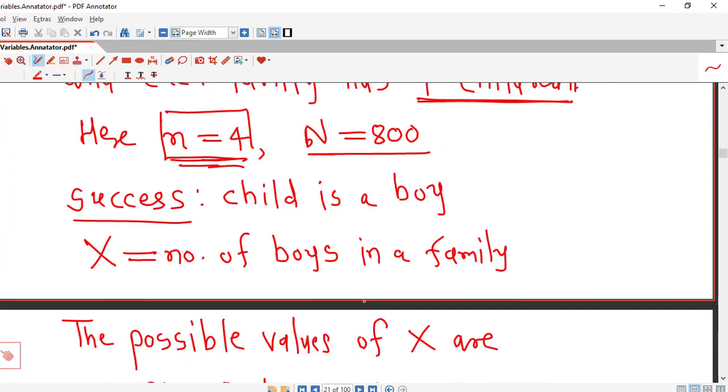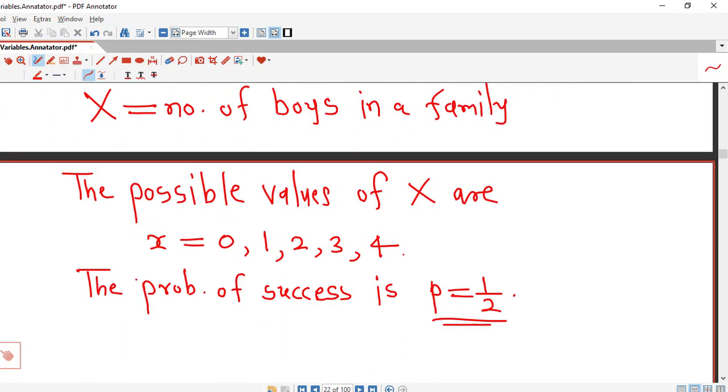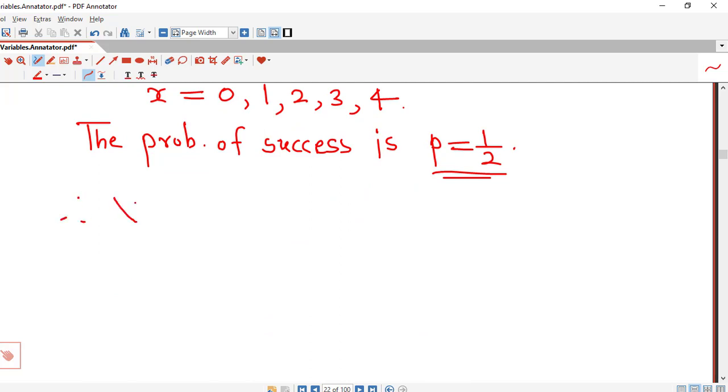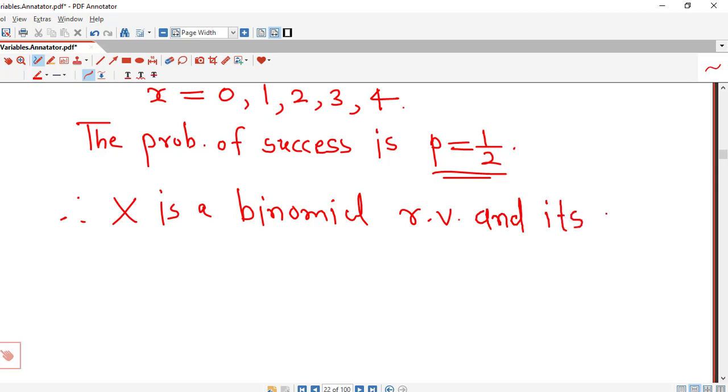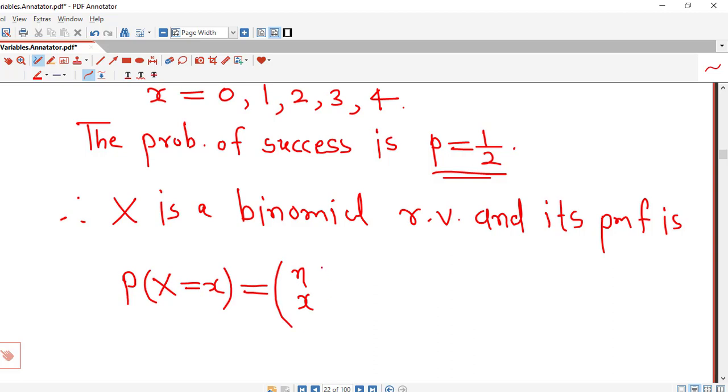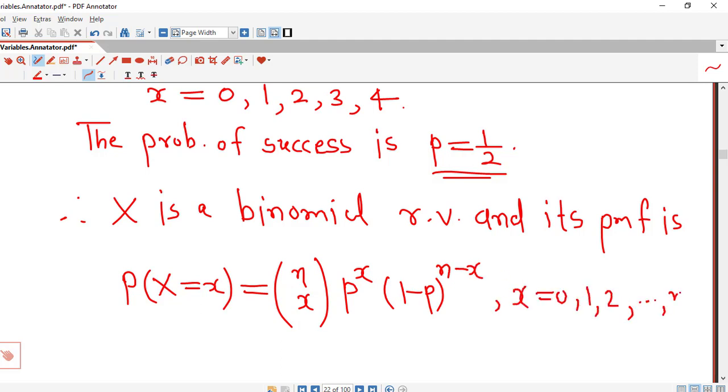So this X is a binomial random variable. Therefore we can write X is a binomial random variable and its probability mass function is: probability that X equals small x is nCx p raised to x (1 minus p) raised to n minus x, x is from 0, 1 up to n.